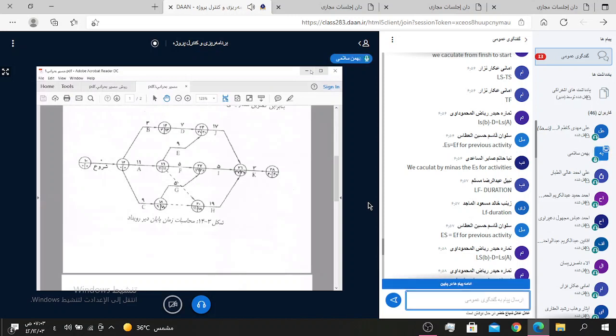Okay. This is the AOA method. If you can write an equation, please. Then this method, yes, is EOA. I said that there is no equation for this.